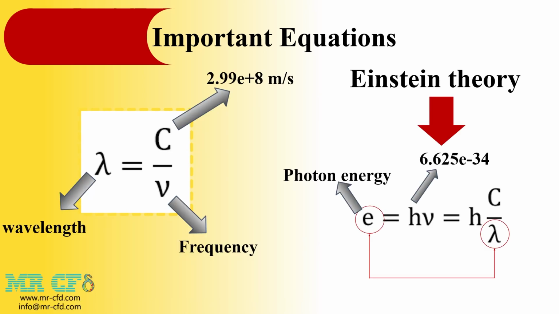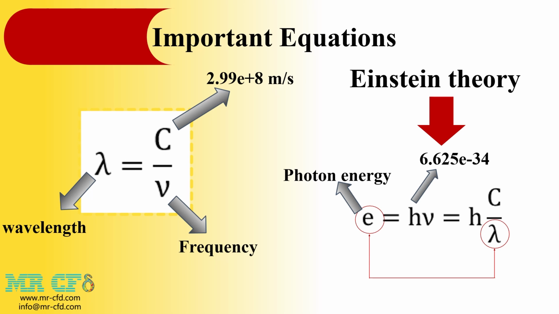We go to Einstein's theory, where he claims that the transfer of energy due to the emission of radiation waves is equivalent to the transfer of energy packets, called photons. Each energy packet has a frequency equal to nu, so the energy of each of these packets is given by this relation.